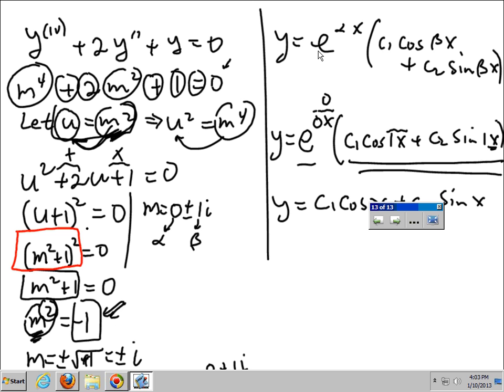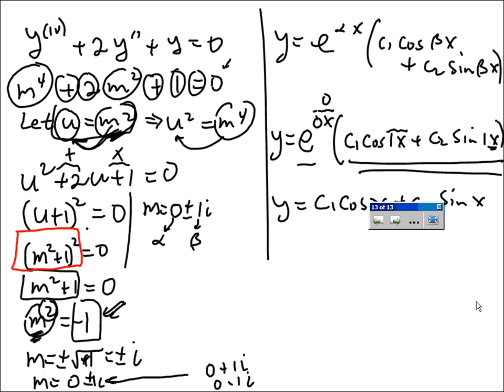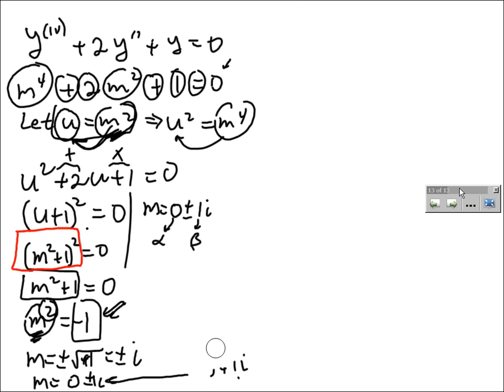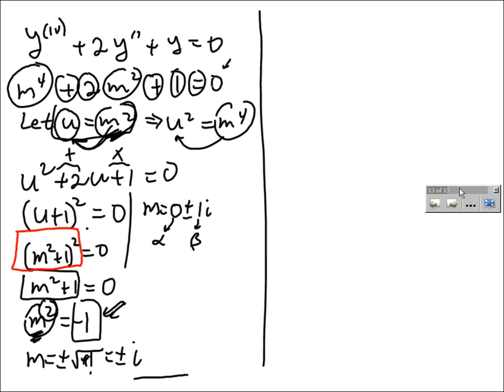Okay, so why don't we just get rid of this right here? And we'll kind of reinvent the wheel a little bit. So let's even just use the last line we see now.